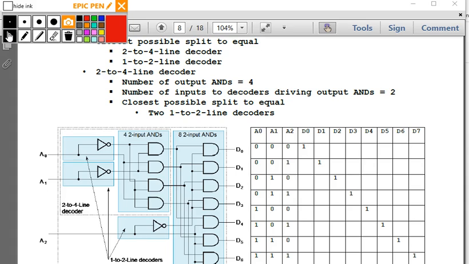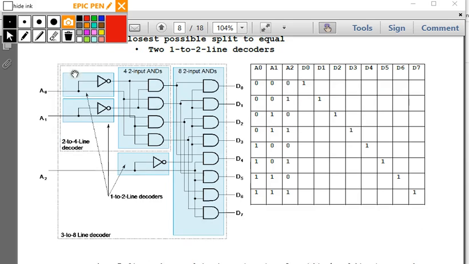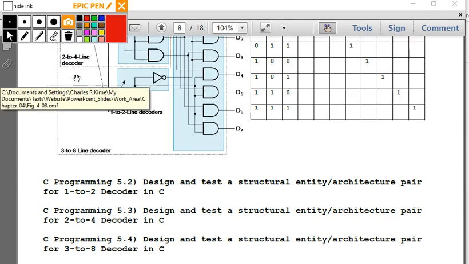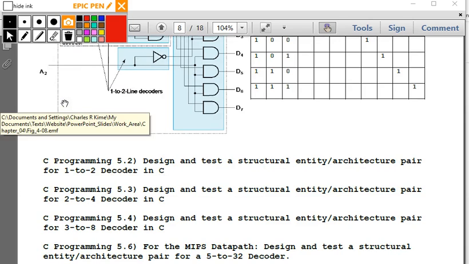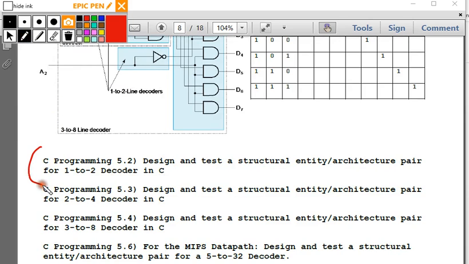You take your instruction from the instruction memory, you get those 5 bits, you have a 5 to 32 decoder, and then you get the resulting value that you want on the output. For programming assignments, I want you for practice to do 1 to 2 decoder, 2 to 4, 3 to 8, and then 5 to 32. That should be 5.5, not 5.6. I'll fix it.